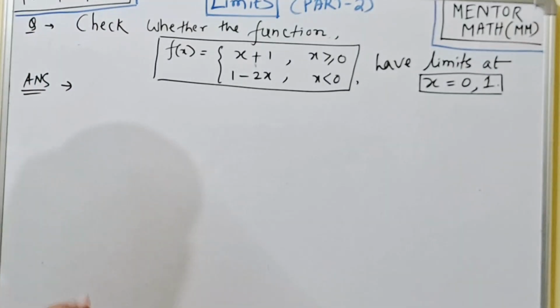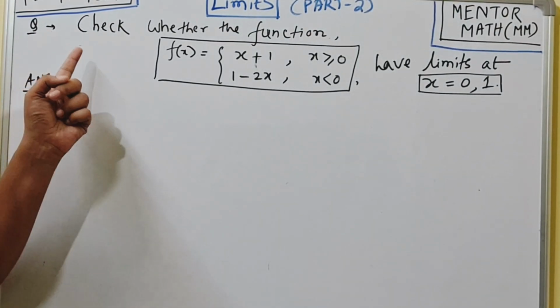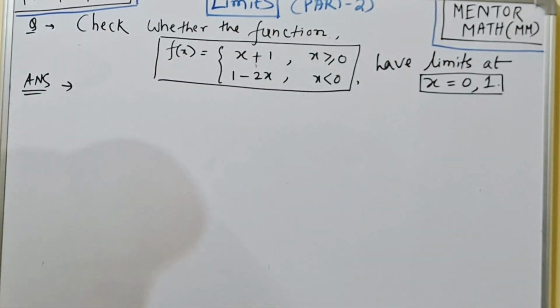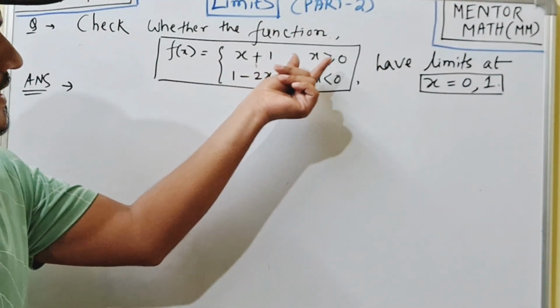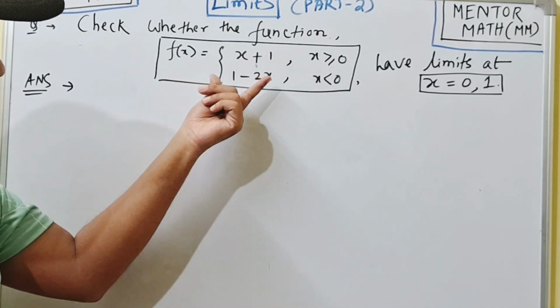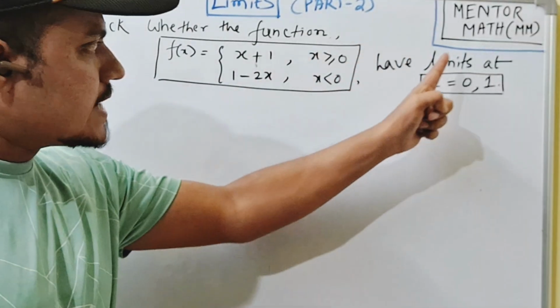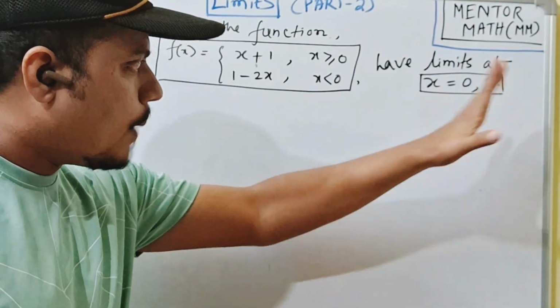So look at this question now. Check whether the function f(x) = x + 1 when x ≥ 0, and 1 - 2x if x < 0, has limits at x = 0, 1.